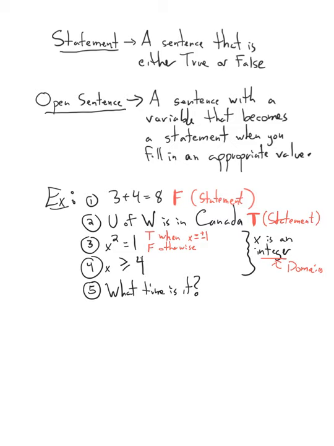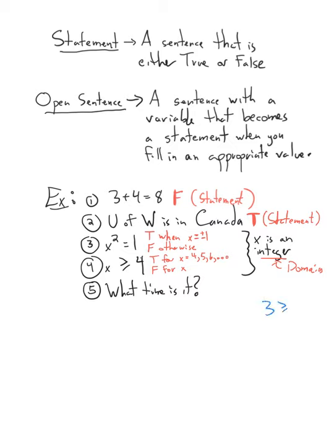For the second one, we have x is greater than or equal to 4. So this is true for x. It could be, well, 4 is greater than or equal to 4. 5 is greater than or equal to 4. 6 is, all the way to infinity. And it's false. You could either say false otherwise, or you could list exactly what values make this false. If we plug in 3, 3 is not greater than or equal to 4.